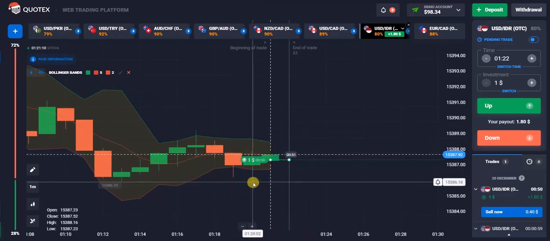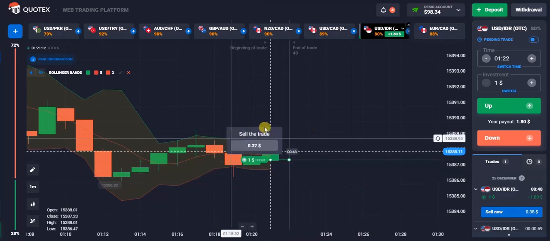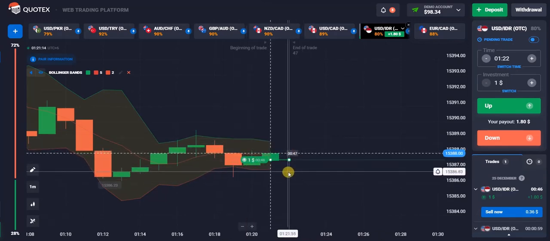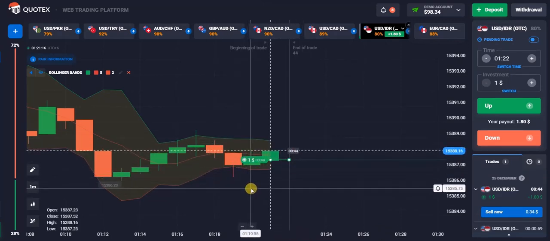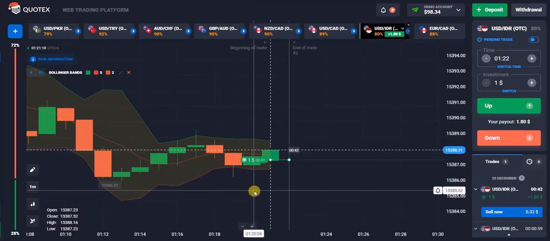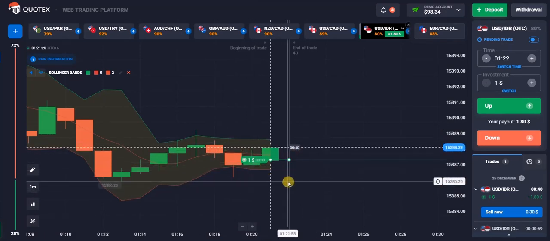After this trade finishes, I'm gonna tell you something about this candle. Let's see if we win it or not.